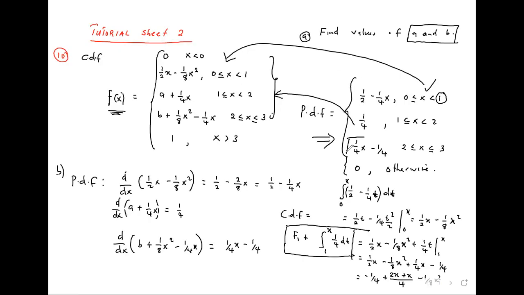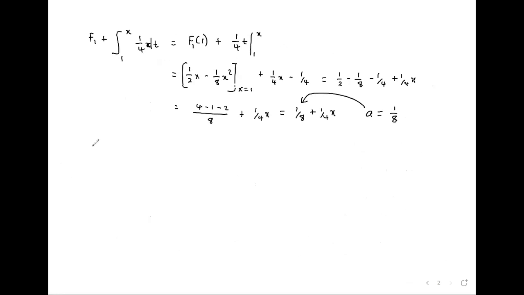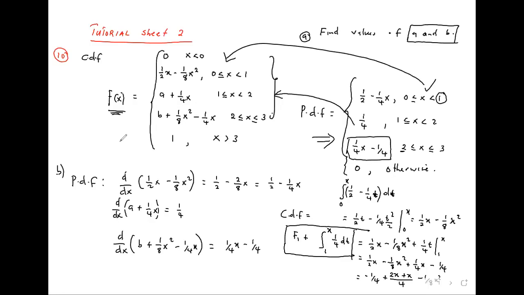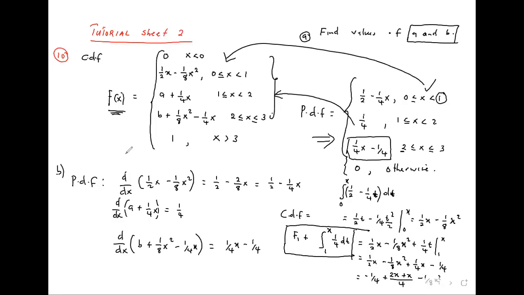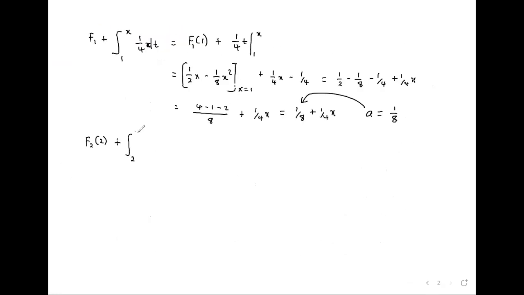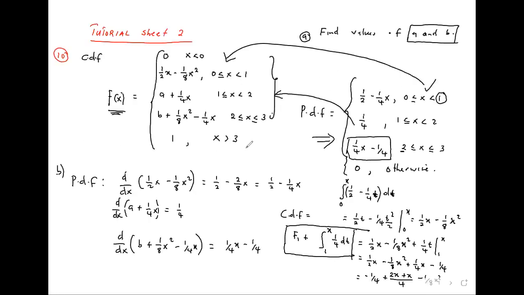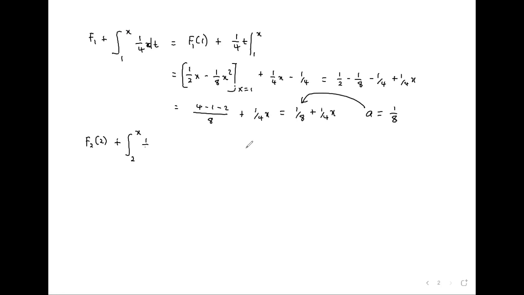So how do we get B? We get to integrate this. So say F2, we substitute the last digit number, meaning F of 2, because the interval there has the lowest boundary 2, plus the integral from 2 to x of 1 over 4 t minus 1 over 4 dt.